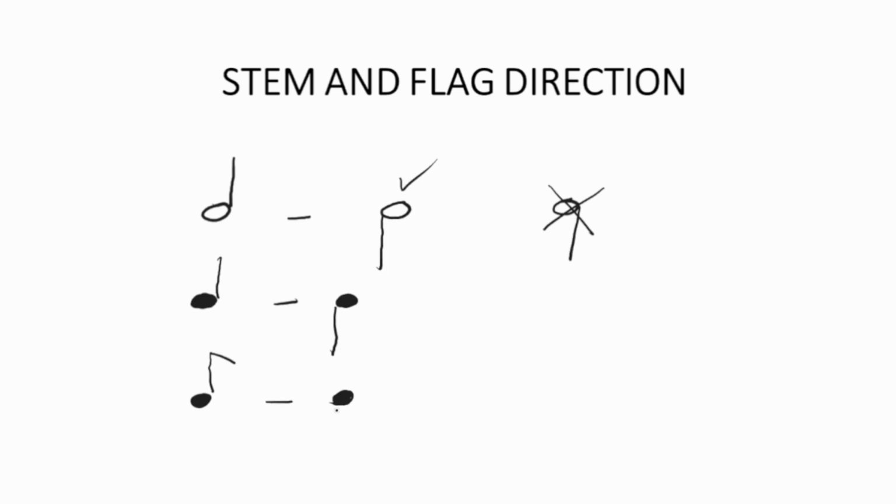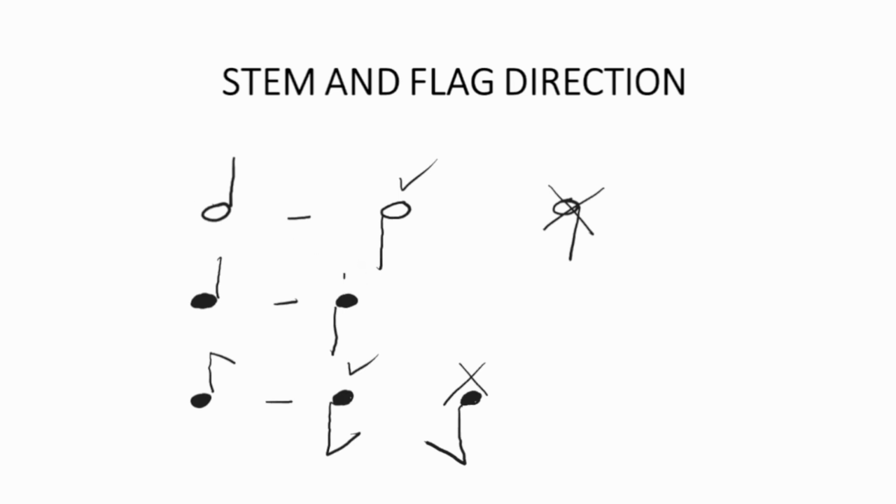And look at the direction of the flag now. It's that way. So it's not the other way around, not this way, not this way. This would be wrong also. So this is the correct direction for the stems and the flags.